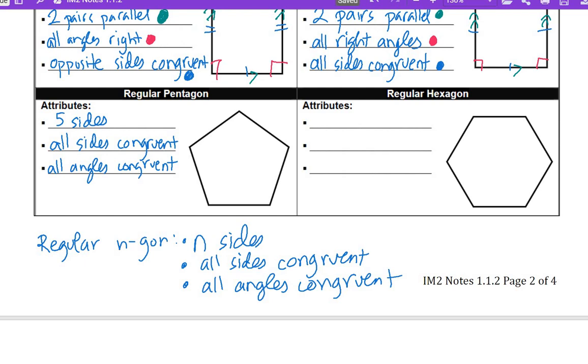Okay, so let's mark these. I'll do the sides in blue for the pentagon. And I will do the angles in pink. They're all the same. And then let's do the regular hexagon. Hexagon has 6 sides. It's regular, so all sides are congruent.